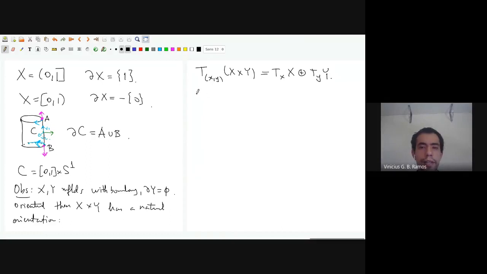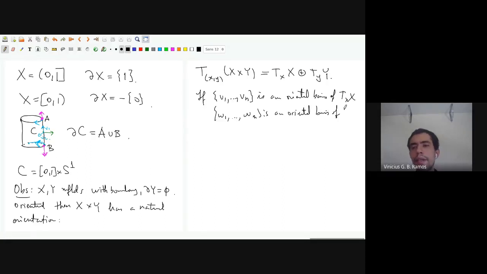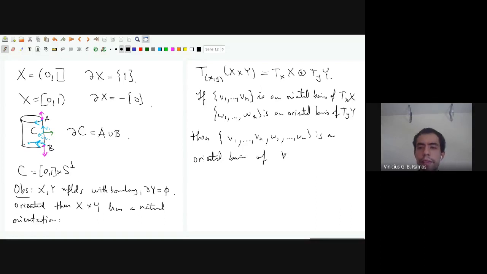In other words, if V1 through Vn is an oriented basis of T_x X, and W1 through Wm is an oriented basis of T_y Y, then V1 through Vn, W1 through Wm is an oriented basis of T_(x,y)(X times Y).